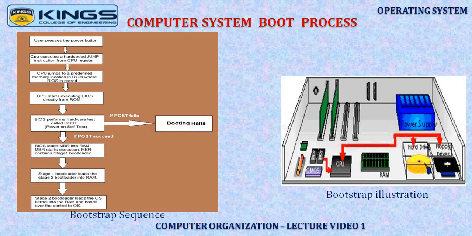I reiterate, whenever we turn on our machine, the initial program which is going to run is nothing but the bootstrap program. And what is going to happen during the boot process? Let us go further. Booting is a process which involves two steps. First, it ensures that the hardware of the system is intact.